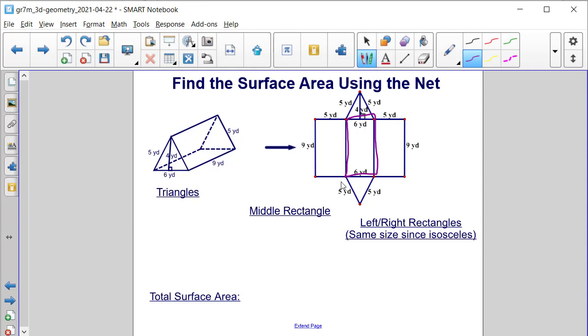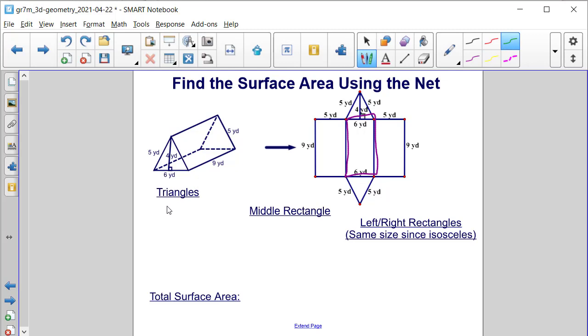It shows how you have the 2 triangles, and their base is 6, their height is 4, and you have 2 other rectangles on both sides that are 9 yards by 5 yards. So we can calculate all of these areas and find their sum as well.